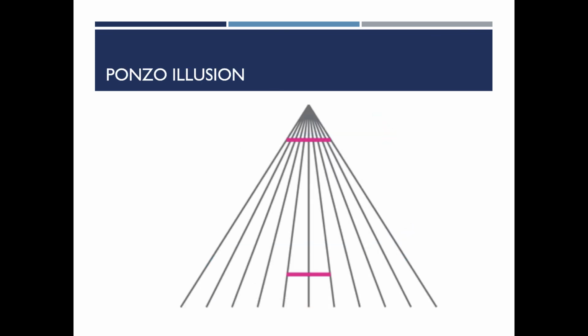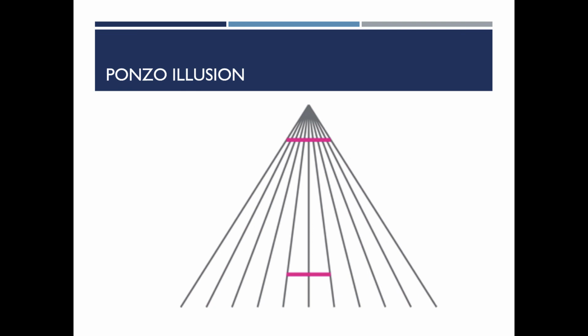Another illusion that's somewhat similar is the Ponzo illusion. That's where the top line looks much longer than the bottom line, even though they're the same length. This is due to our perceptual constancies. We assume that things out in the distance are going to appear smaller to us than if they were close to us.